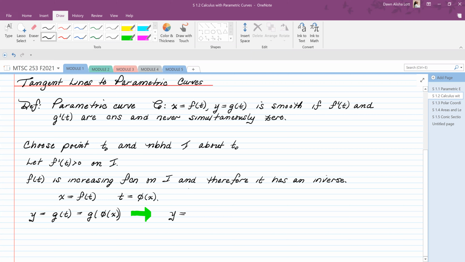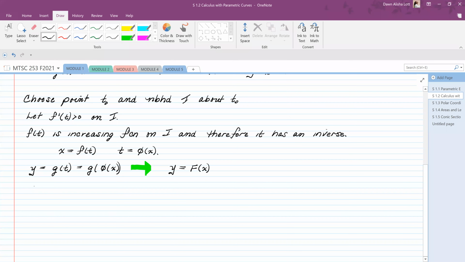It's g of phi of x. So y is a function of x. And then similarly, for g of t, I can do the same thing. And so therefore I can write x is some function of y. All right.